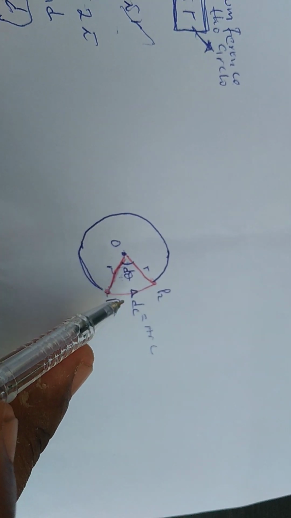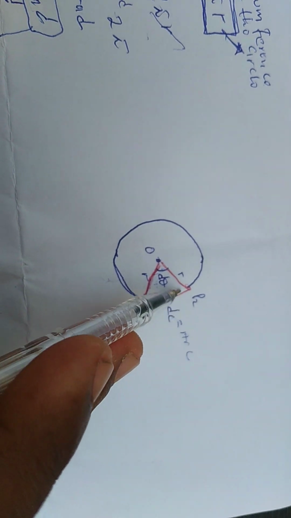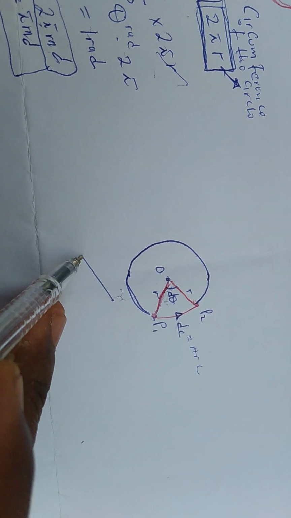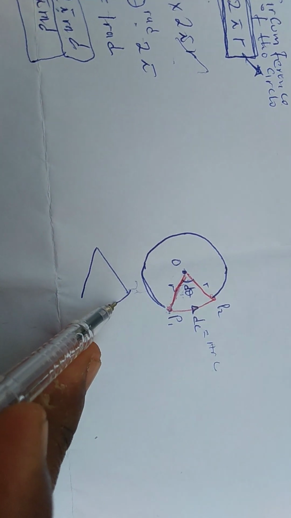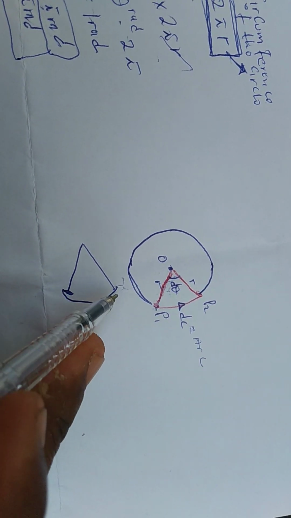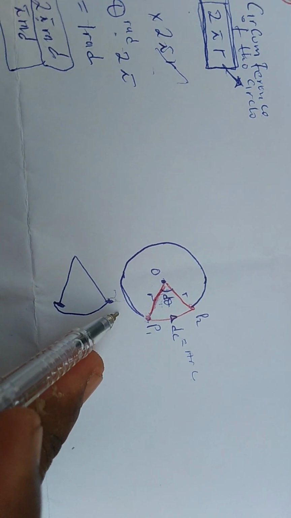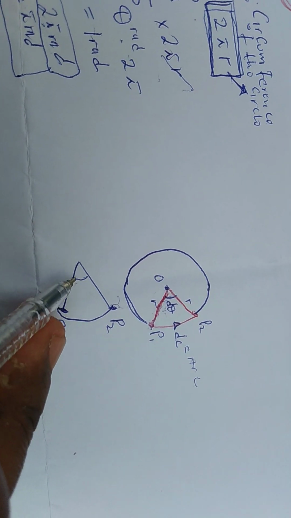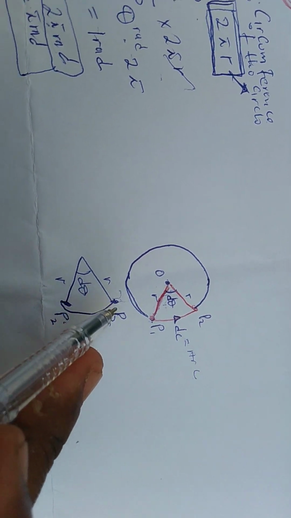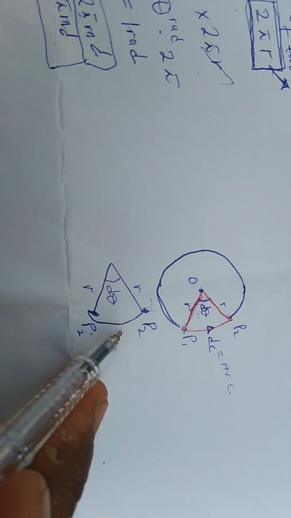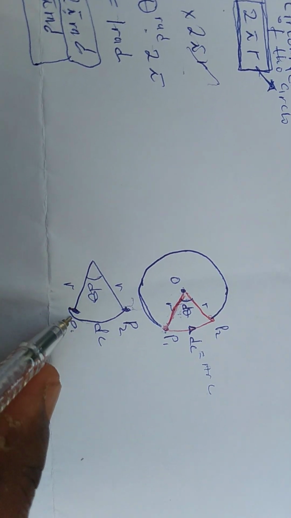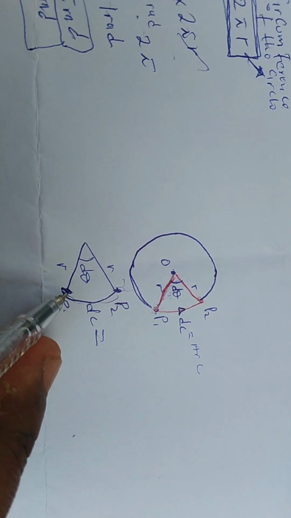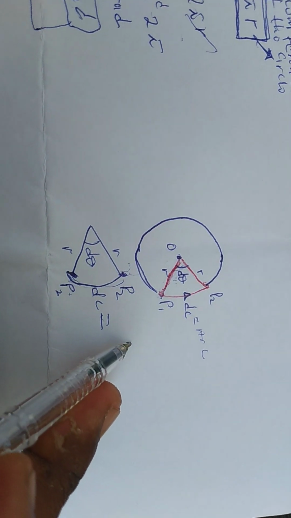Now, as this radius moves from P1 to P2, the angle changes from 0 up to theta. If I bring out the shape in red, it shows the center of the circle, with theta at the center and the radius here. Because this DC is a very small quantity, this curve DC is like a straight line.